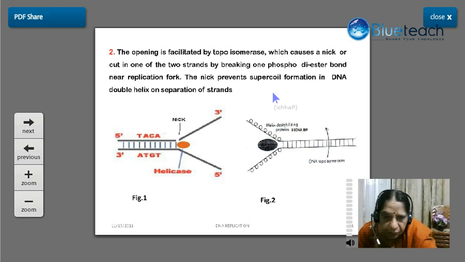The nick prevents supercoil formation in DNA double helix on separation of the strands. This is the nick, and the diagrams show helicase, single-stranded binding proteins, topoisomerase.